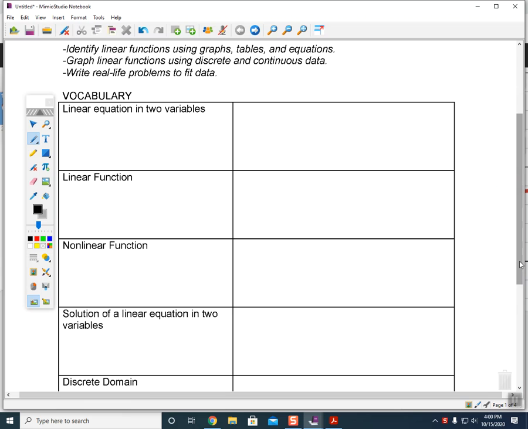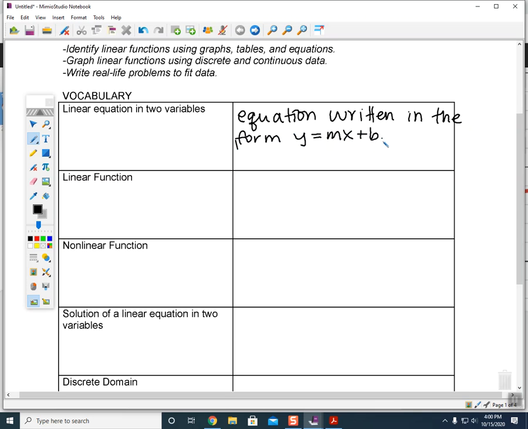First one is linear equation in two variables, and this is just an equation written in the form y equals mx plus b, where m and b are constants.